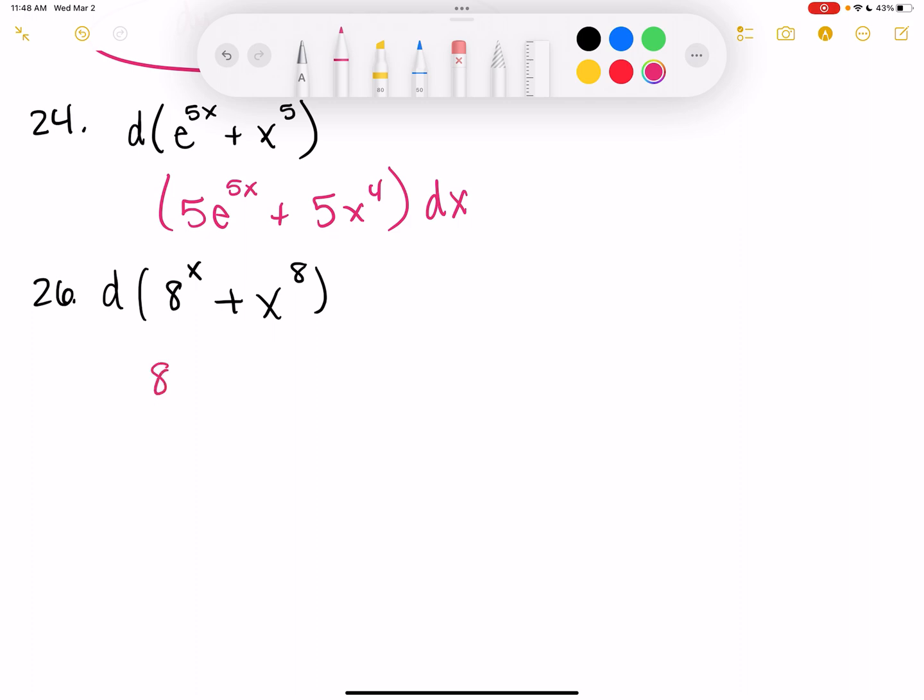Plus 8x is... You're missing part of that derivative. But yes, that part's right.